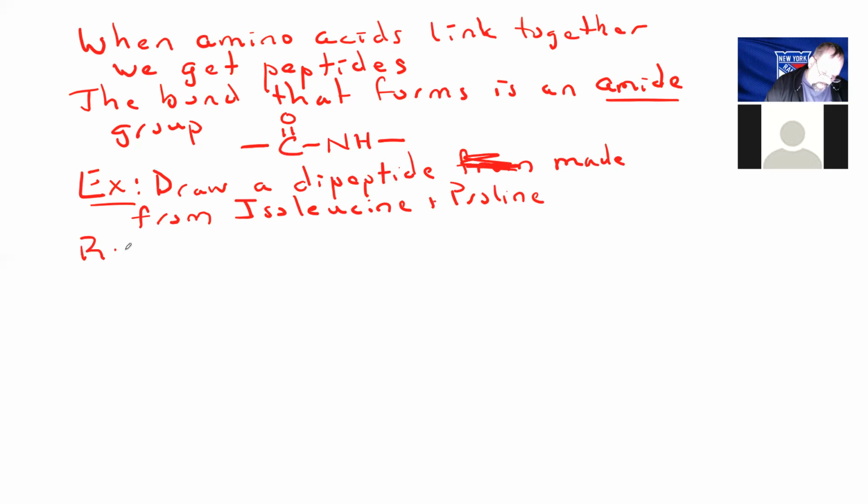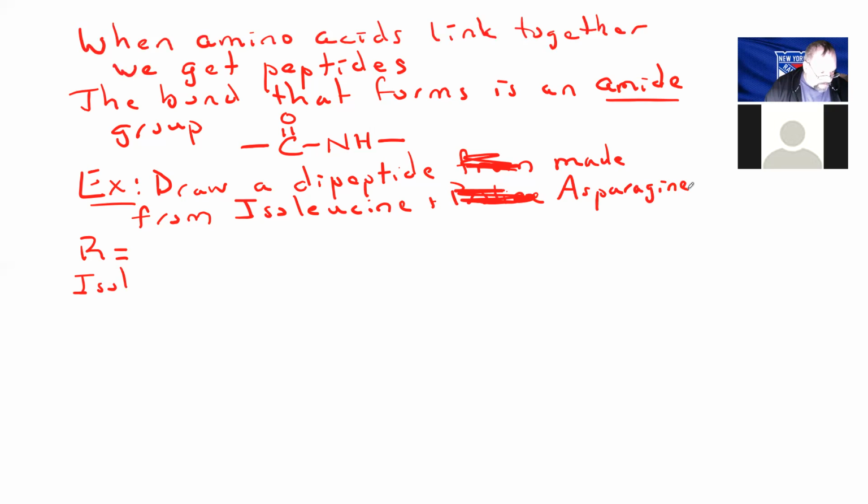So again, the one bit of information that we're going to give you is the side chain. And actually proline, I don't know if proline is the best one to have with the example. Let's do asparagine. So let's do asparagine as the second one.